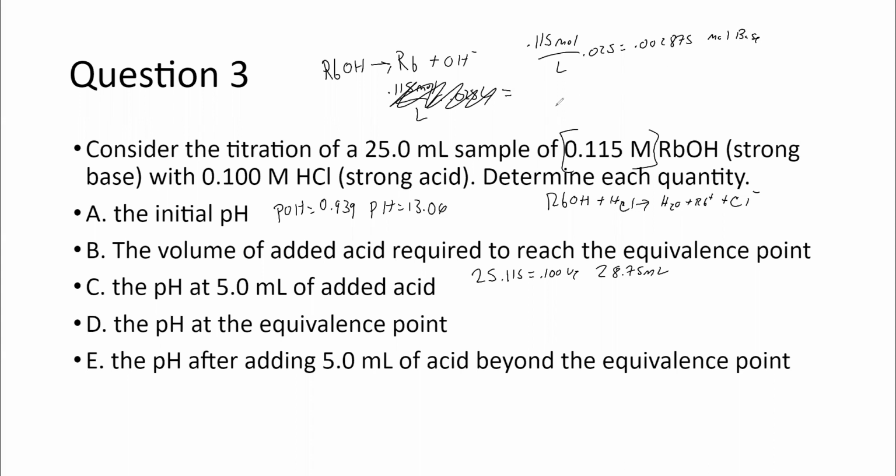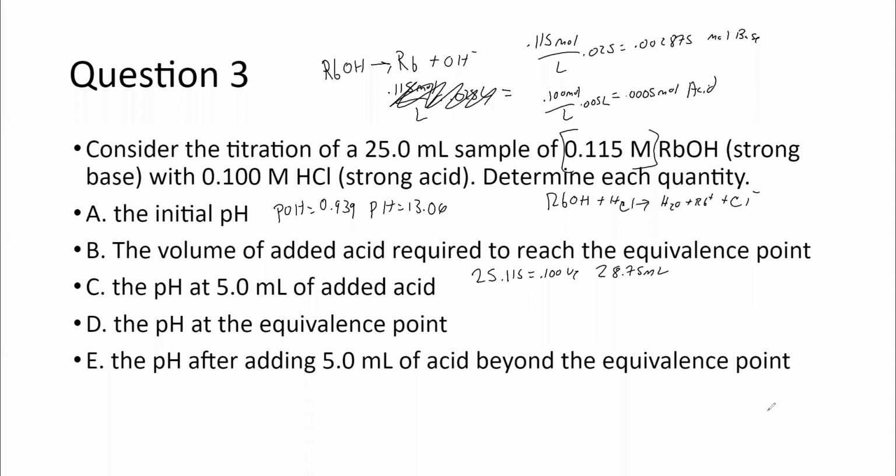How many moles of acid did I just add? 0.100 moles per liter multiplied by 0.005 liters. That should be 0.0005 moles of acid. So these two react completely. The acid's going to run out first.